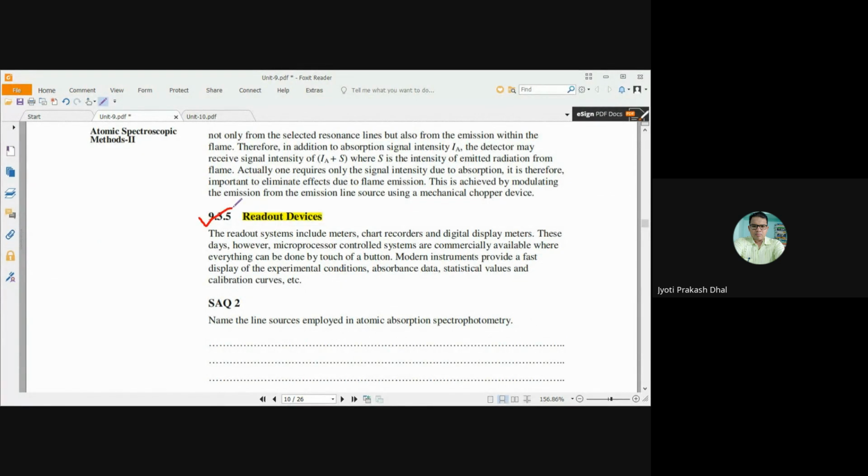The readout system includes meter, chart recorders, and digital display meter. These days, however, microprocessor control systems are commercially available where everything can be done by touch of a button.